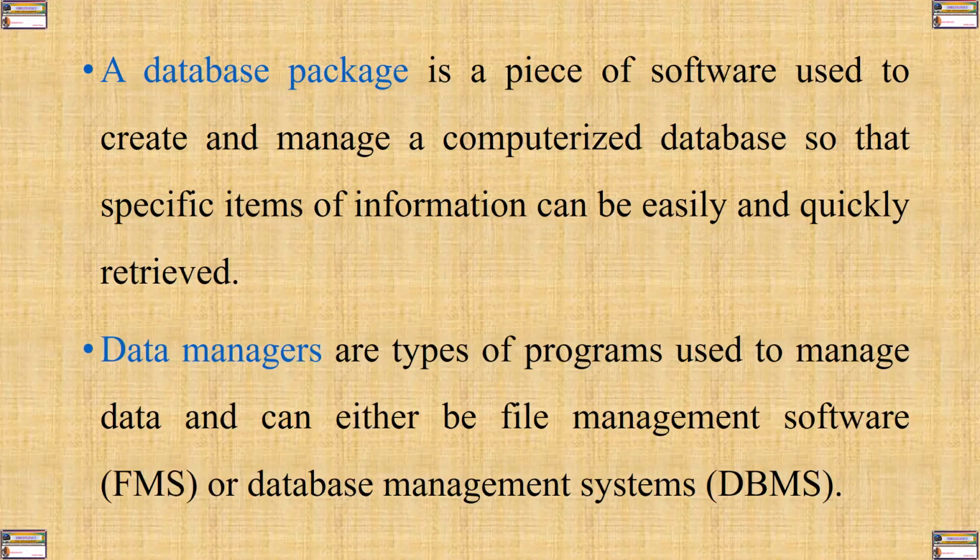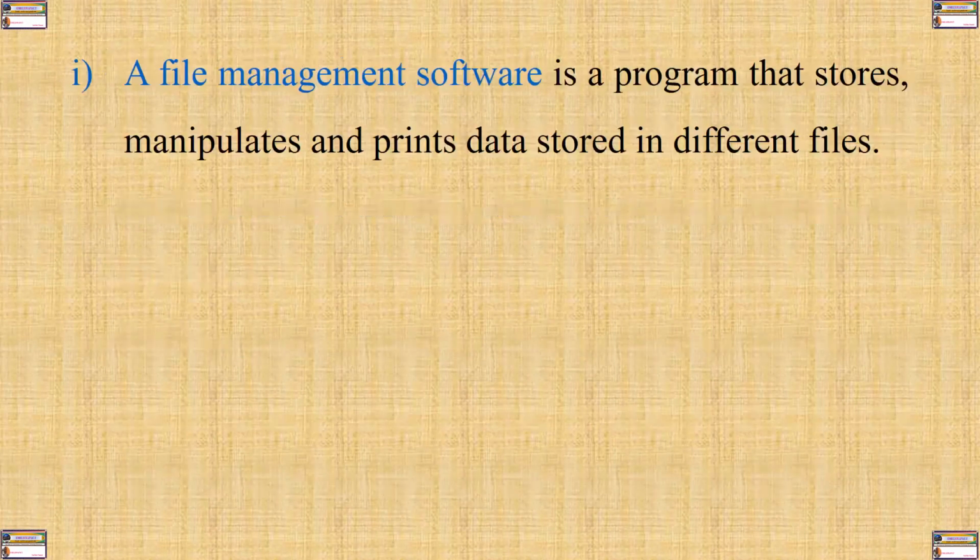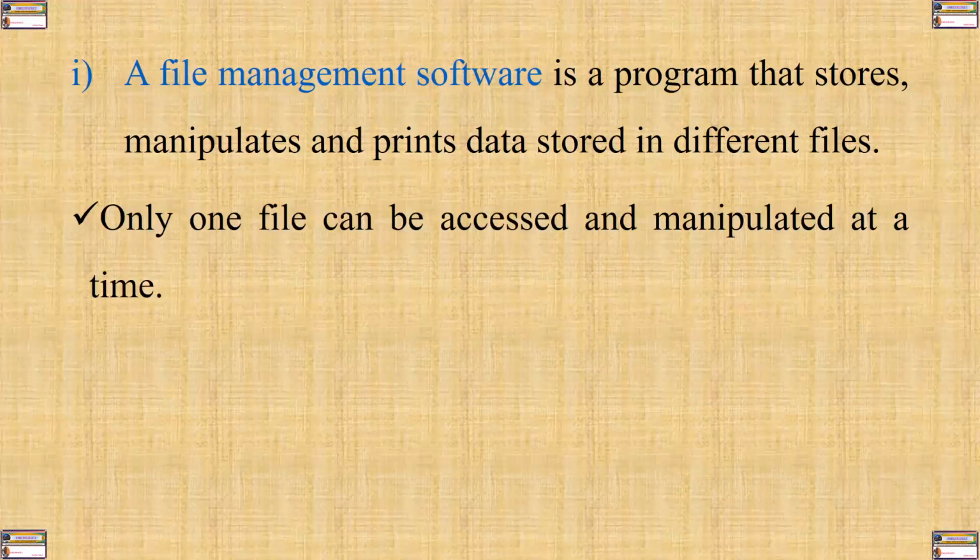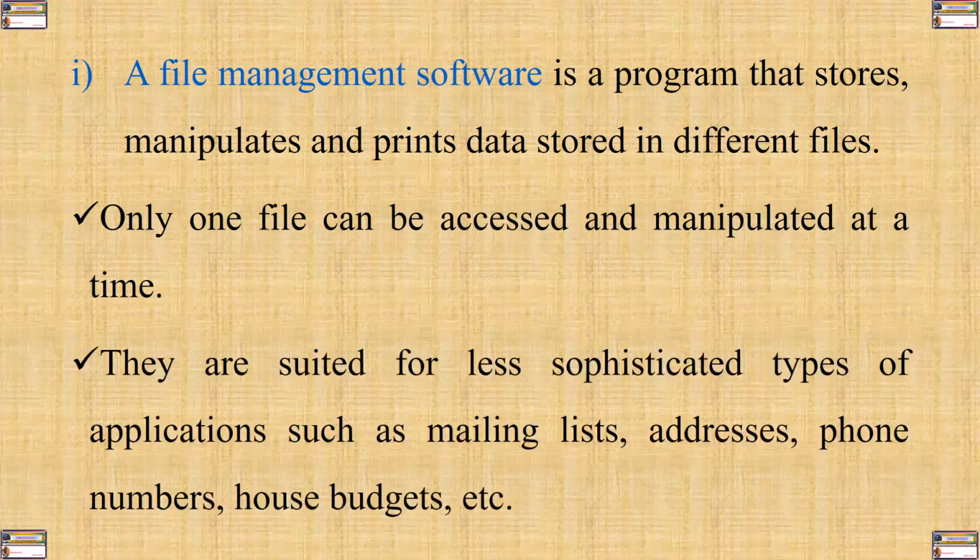Data managers, on the other hand, are types of programs used to manage data and can either be file management software, FMS, or database management systems, DBMS. A file management software is a program that stores, manipulates, and prints data stored in different files. Only one file can be accessed and manipulated at a time.